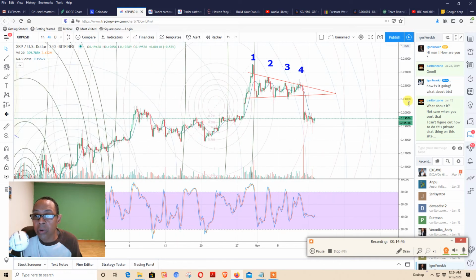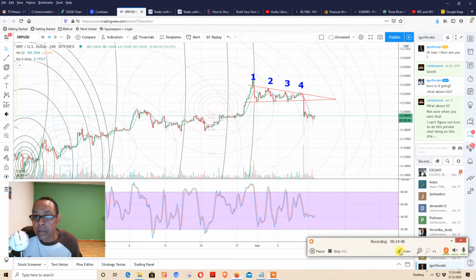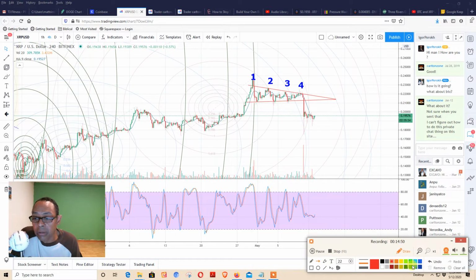So in the short run, I'm looking for XRP to find that next ring. And that next ring just happens to be about right here on the 3.618 of the light pinkish fuchsia one, or we could jump out here to the blue set, and I think that's the 4.236. I'm not sure.